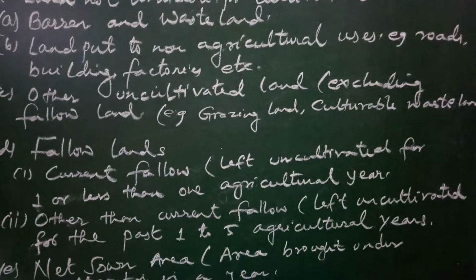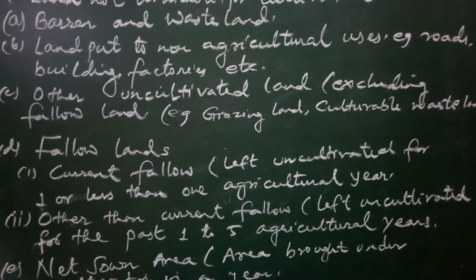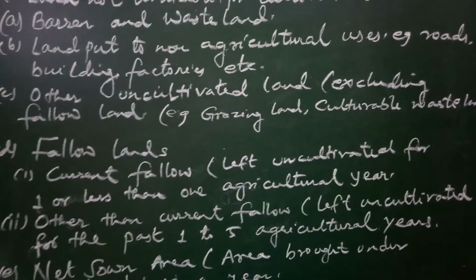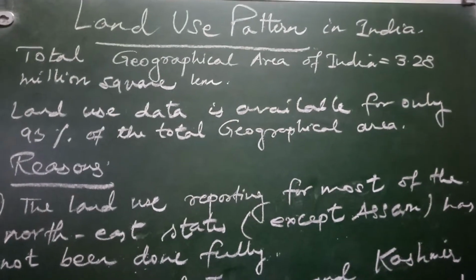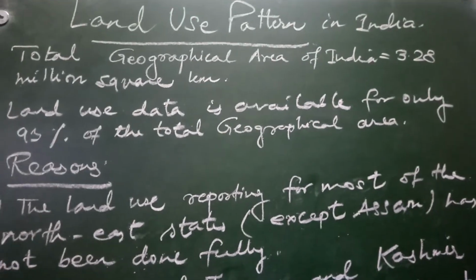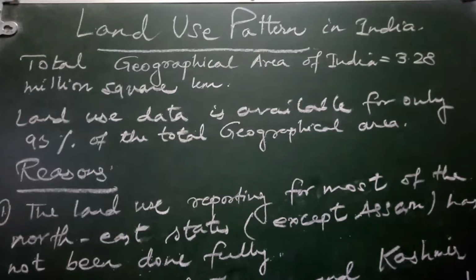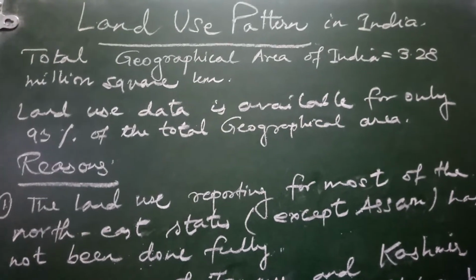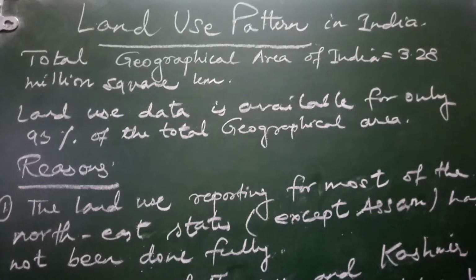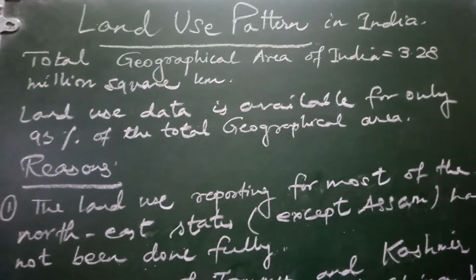Okay, let us now study the land use pattern in India. The total geographical area of India is 3.28 million square kilometers.